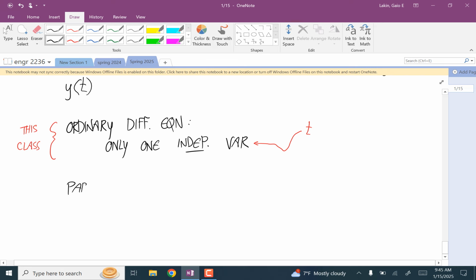Partial differential equations. We're not going to see any of these in this class. In mechanics, partial differential equations come up in advanced mechanics of materials, when you're calculating the deformations of complicated shapes under load, and in fluid dynamics, but it's not going to come up in this case.